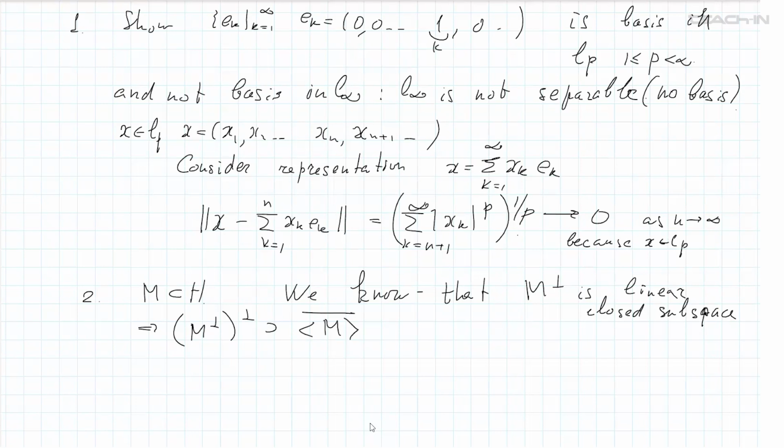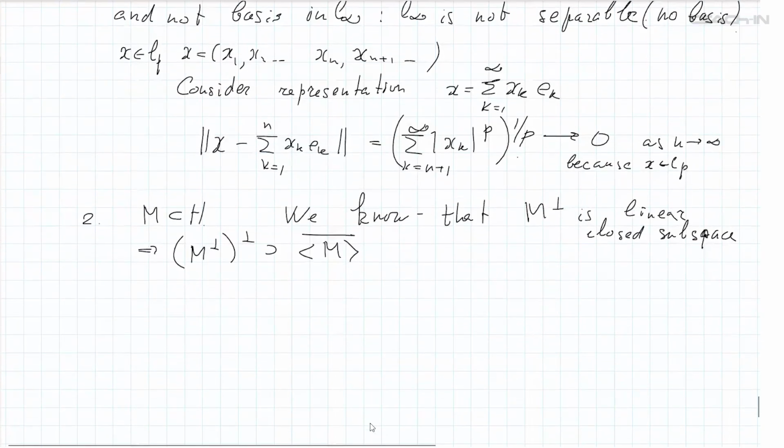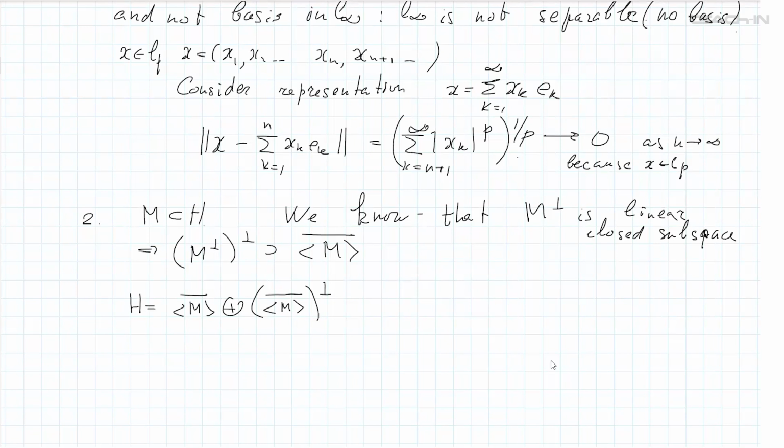So let's try to obtain two different representations for H. For example, we can say that H is equal to the closure of the linear span of M plus the orthogonal, by the theorem.